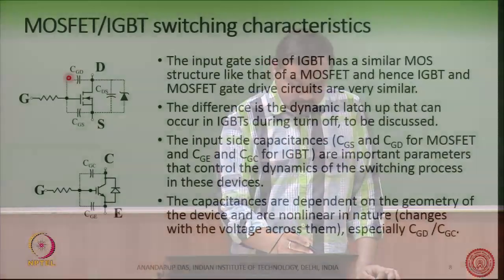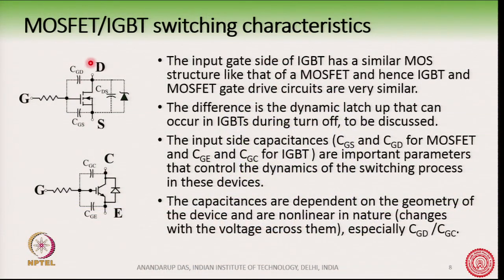So, capacitors like CGD or CGC are highly non-linear in nature. So, this is the challenge: how do you charge or discharge the capacitors in a fast time where the capacitances are non-linear in nature?